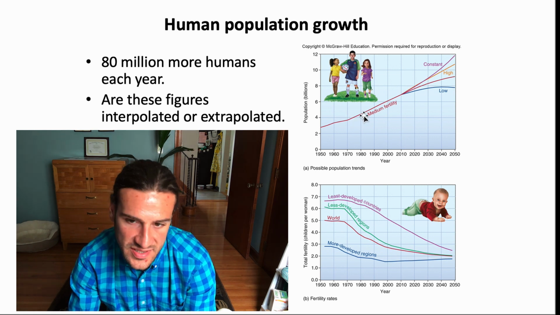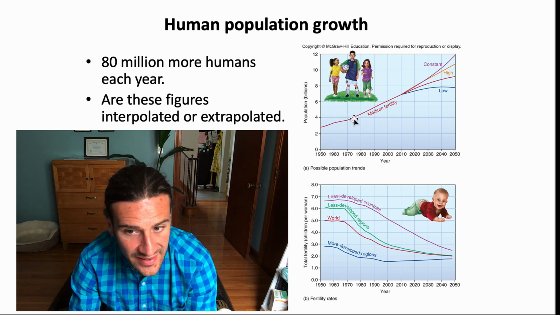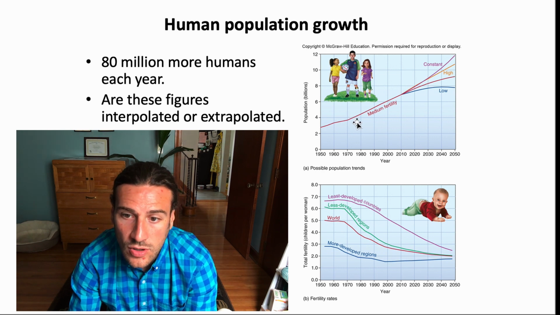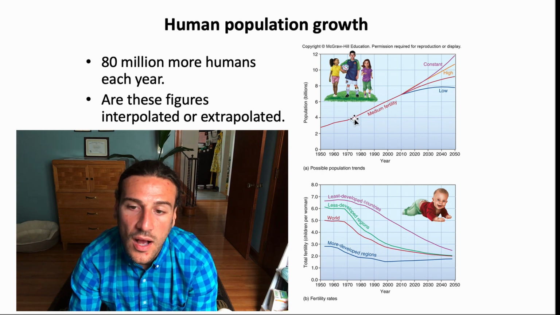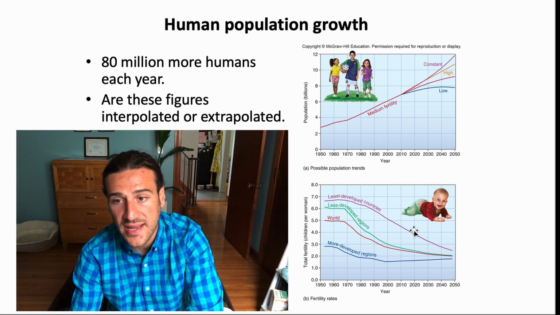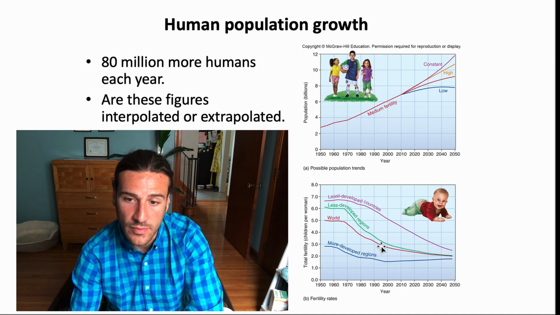So even though, and this is hypothetical, these researchers didn't take data in 1975, we know a very close approximation of human population, and we can thank the statistical power of interpolating data. Extrapolating data, very variable, right? Extremely variable.